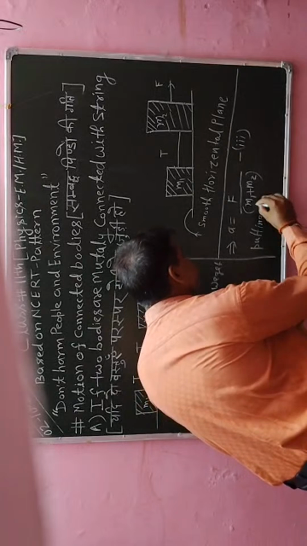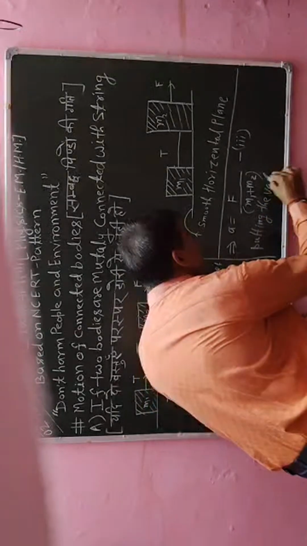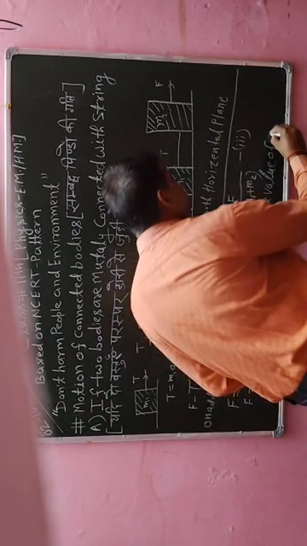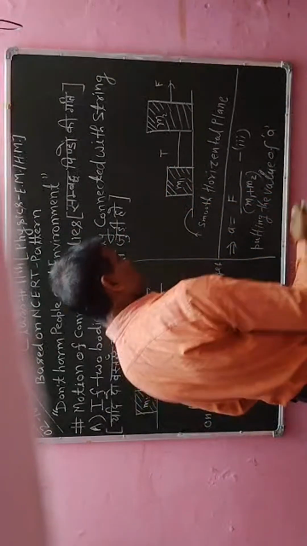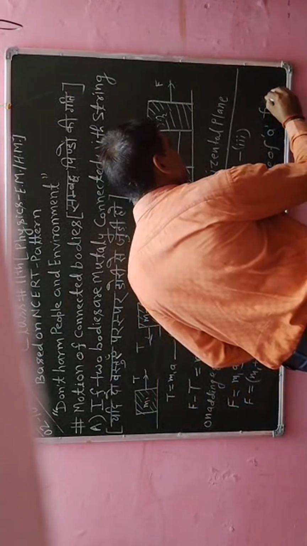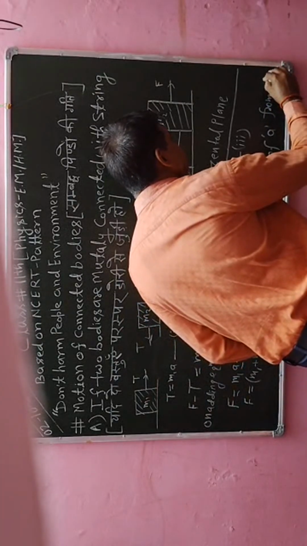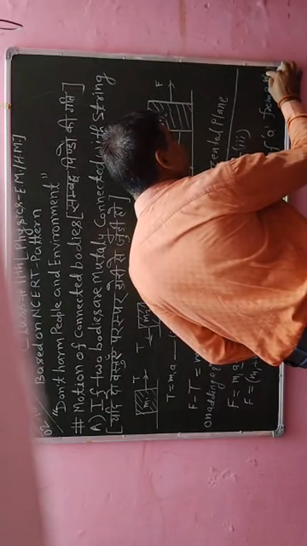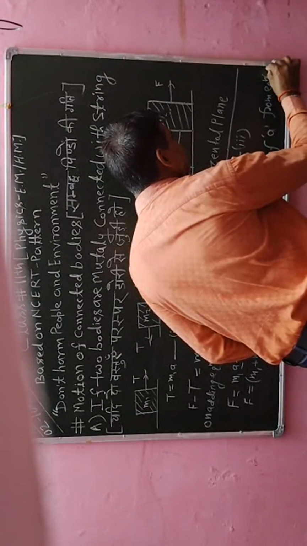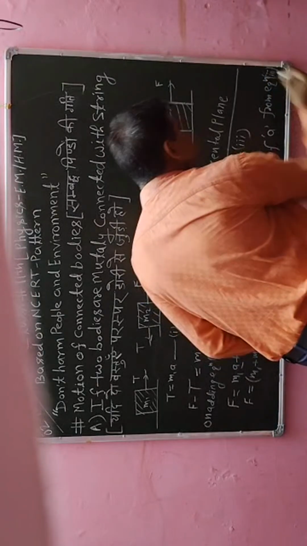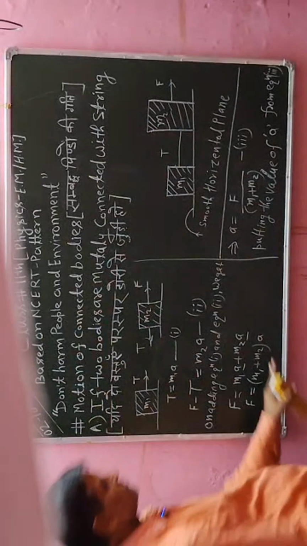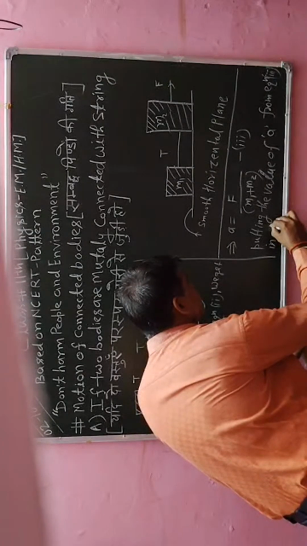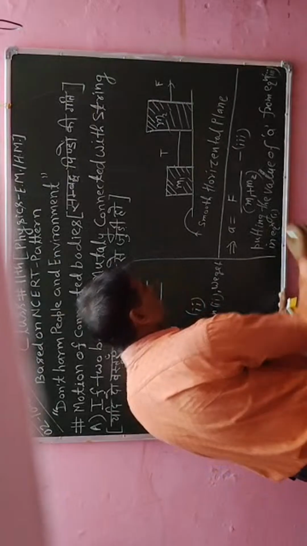putting the value of acceleration a from equation number 3 in equation number 1, and then here I will write we get.